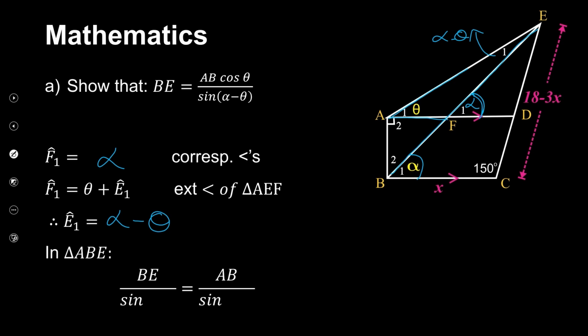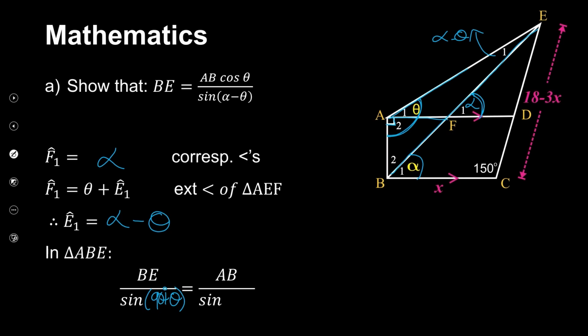Okay, so in triangle ABE, BE and the angle across it, we're going to use the sine rule. So BE over the sine of the angle across it. Now remember this angle is 90 plus theta, equals AB and the angle across it.